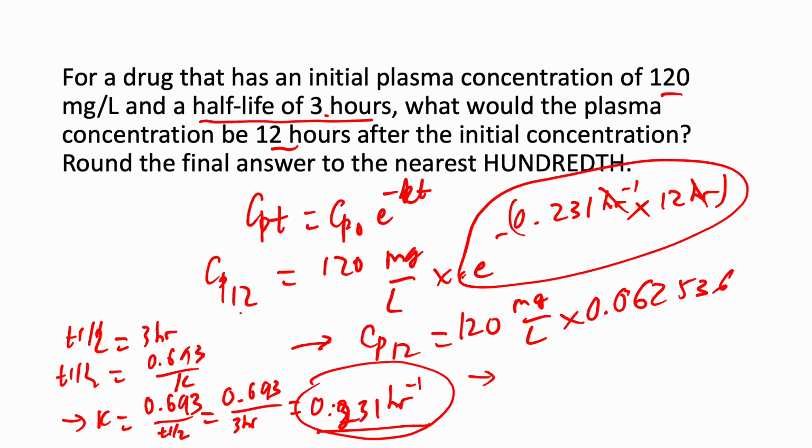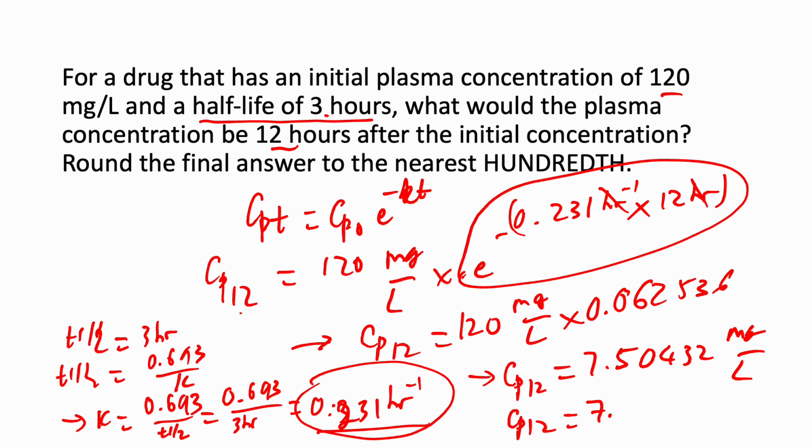So then I have Cp12 is equal to 7.50432 milligram per liter. Rounded to the nearest hundredth, I have Cp12 is equal to 7.50 milligram per liter.